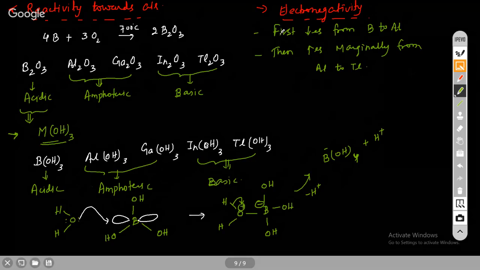Due to irregularities in atomic size, the force of attraction between the nucleus and electrons decreases as size increases, and hence electronegativity decreases.